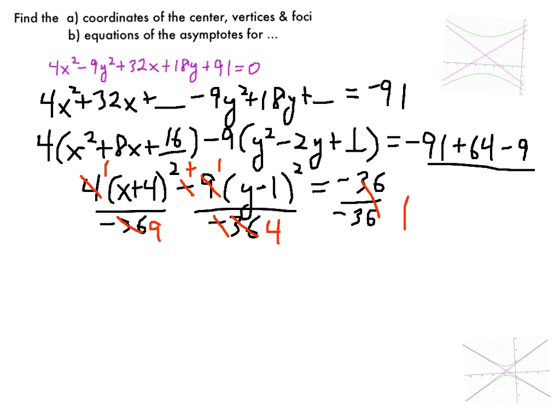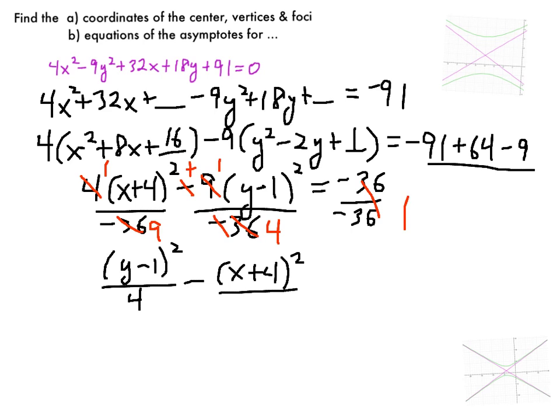Okay, so that's going to give us y minus 1 squared over 4 minus x plus 4 squared over 9 equals 1. All right, there's our standard form.